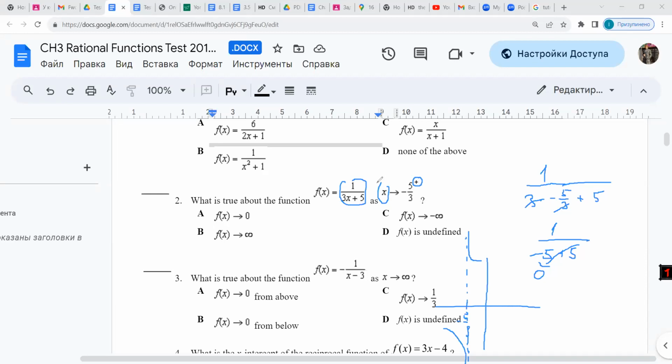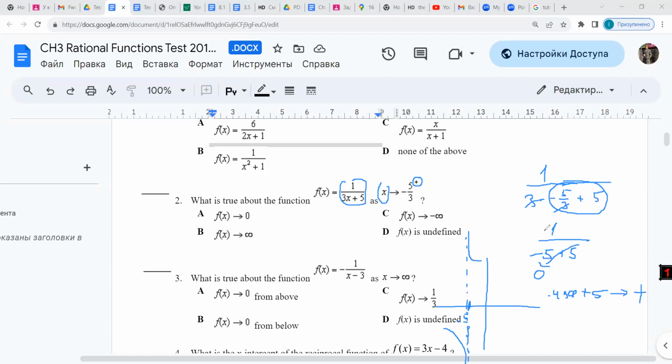So what would happen if we take x to the right of negative 5 over 3, so from this side of the function? It's going to be a slightly less negative number than negative 5 over 3. So as a result, the denominator won't be negative 5, it would be negative 4.99 something plus 5, which would give us a positive number, very small but positive, right?